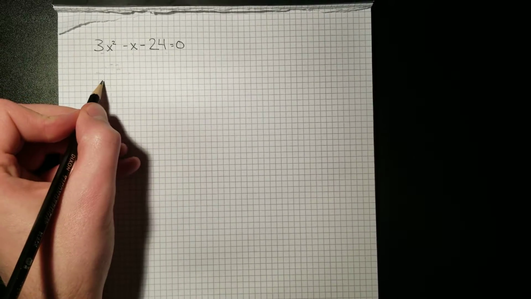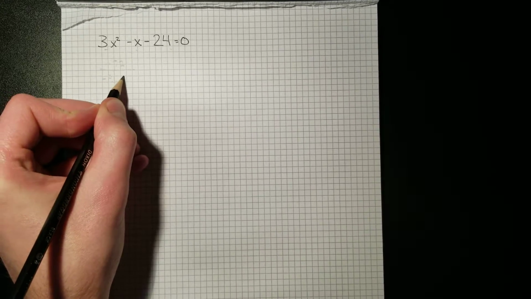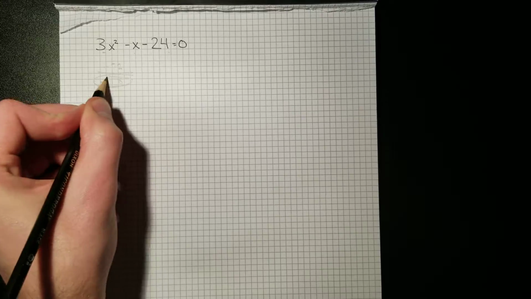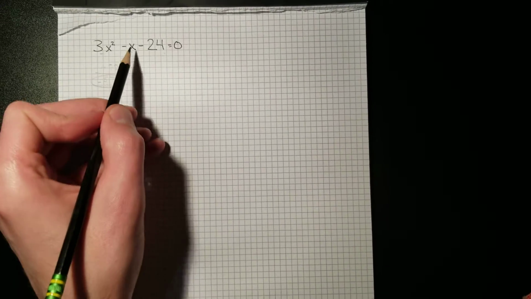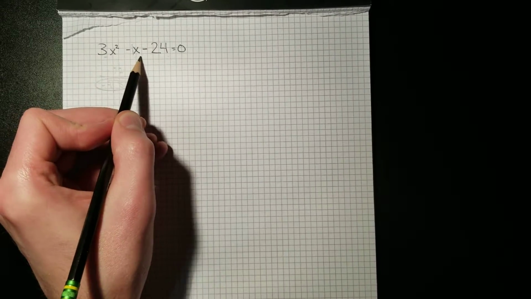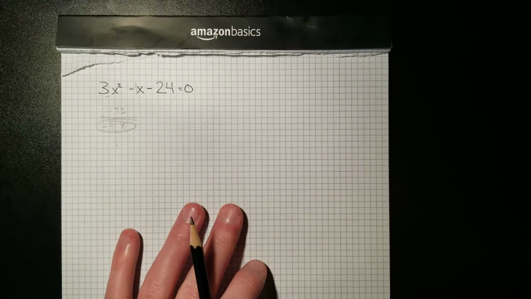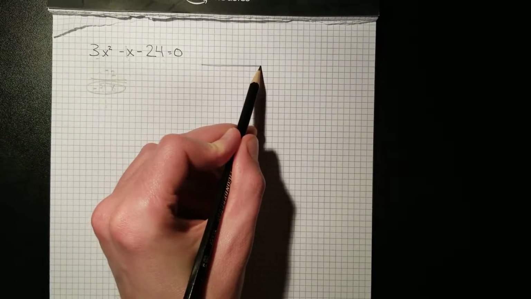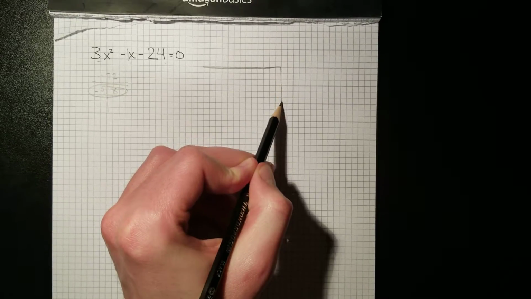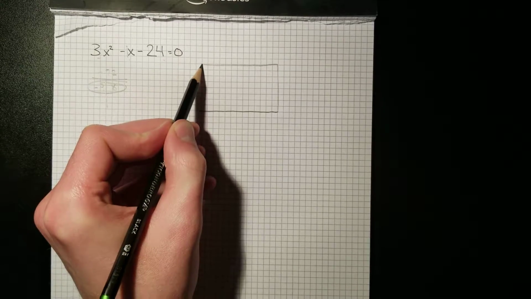So actually this works if you have -9 and 8. Negative 9 times 8 is negative 72. Negative 9 plus 8 is negative 1. That's the same as negative 1x. So we can use the box method again here. You could use the factoring by grouping method if you want, but I'm going to use the box method a second time.